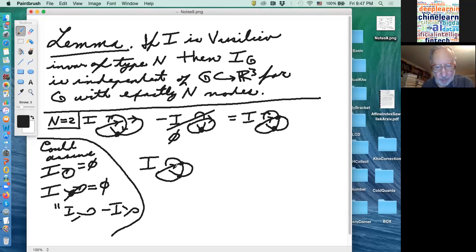We have a positive crossing here, and the difference between that and the other one, switch that, will be I of the 3-noded guy.